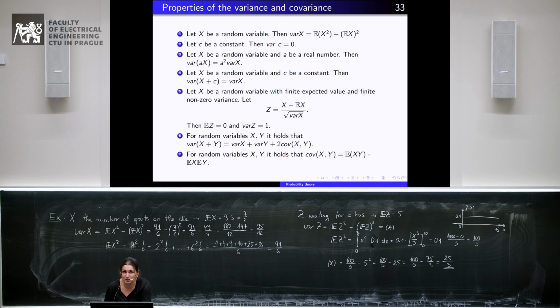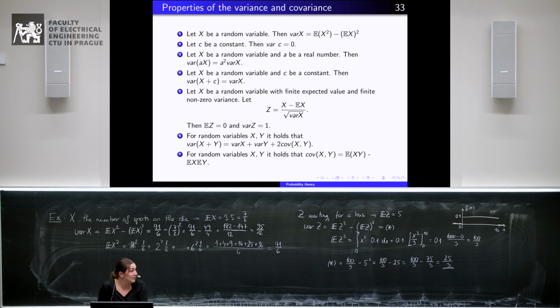But as I said, more practical usage will come later when we want to make some transfer, sorry, I can't find the word. When we want to normalize the random variables, as you will see in property 5 in the slides, in fact.